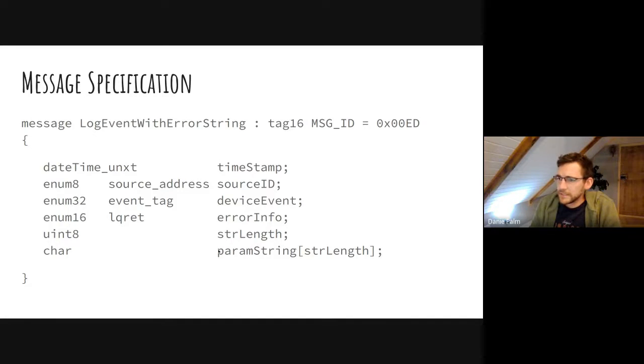You'll see that it's a parameter string of type character, but it's also an array. The array length comes from the field just before it. So if this were packed in binary, there would be 8 bytes from which you determine the time, 1 byte for the enum, and so on. Then you get to 1 byte that gives you the length of the string that follows it.